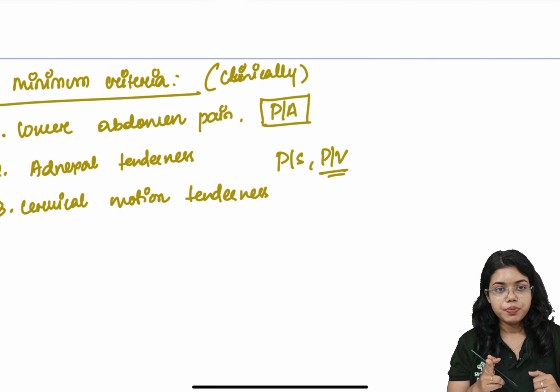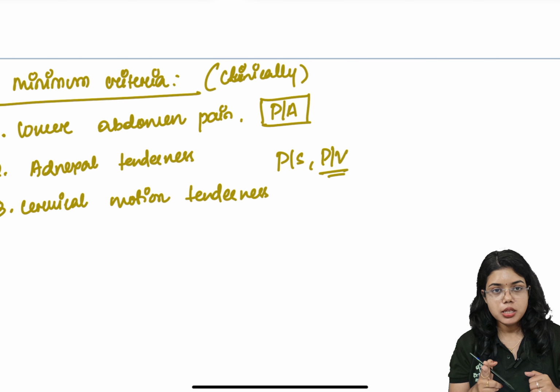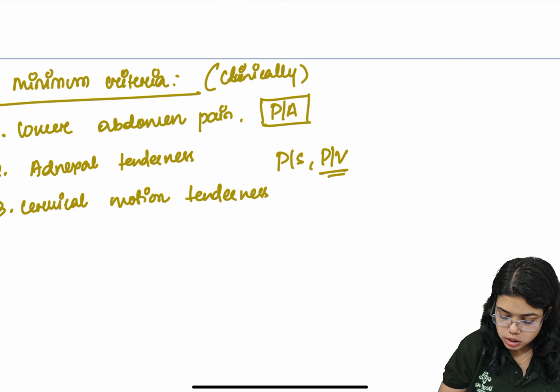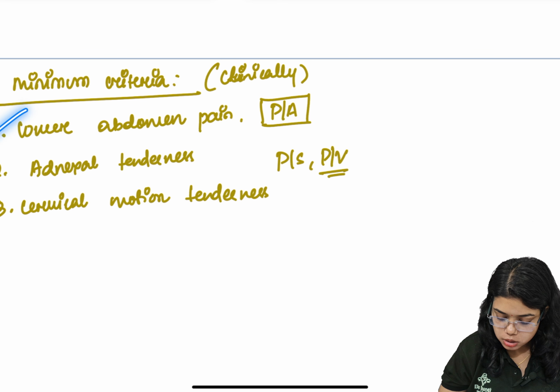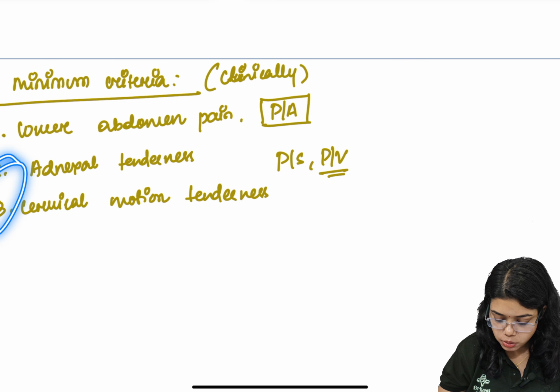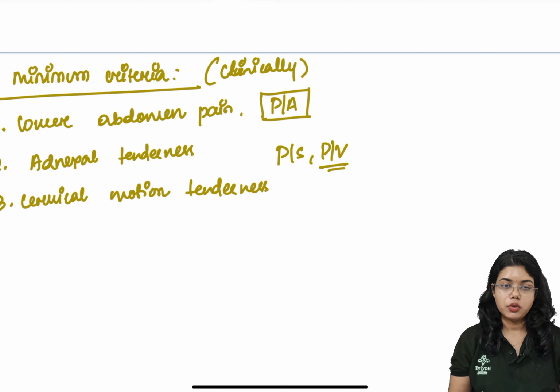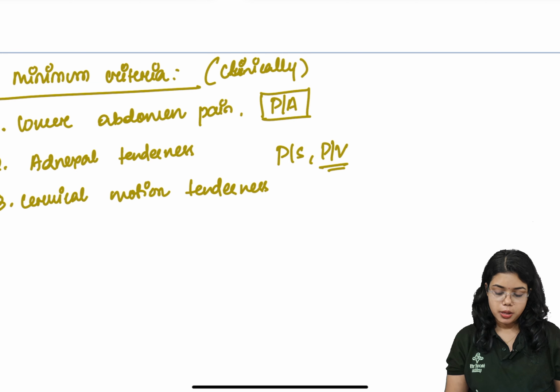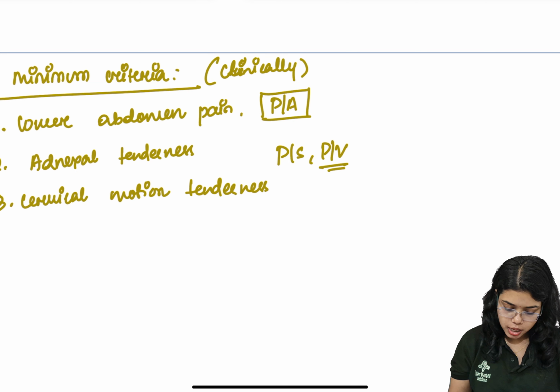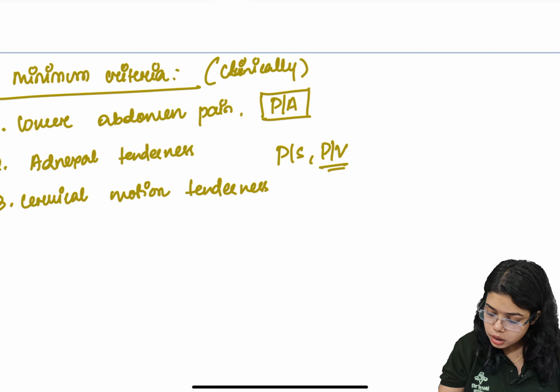When we put the fingers inside the fornix, there is fornicial tenderness. So this one is the per abdomen finding and these two are the PV findings. And then what are the additional criteria?